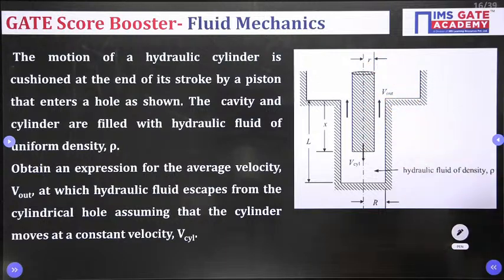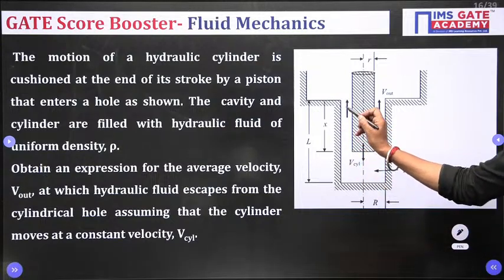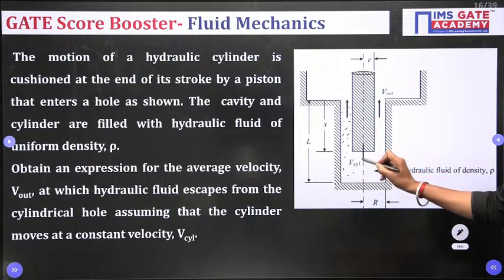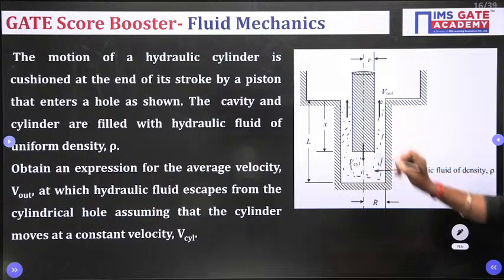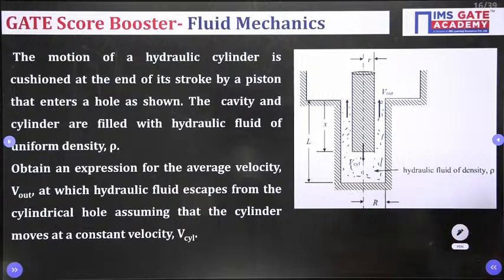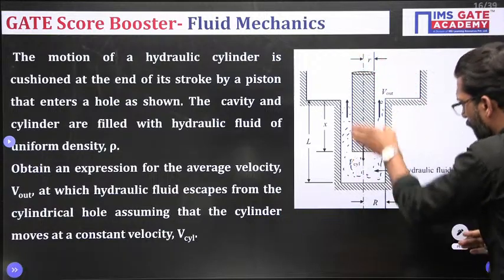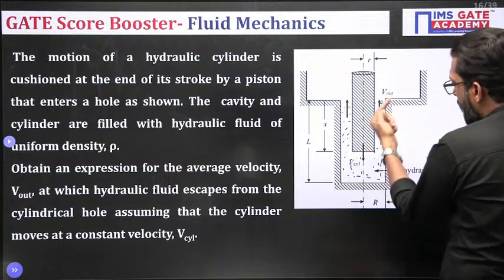The cavity and the cylinder are filled with hydraulic fluid of uniform density rho. So there is a fluid filled in this gap. Obtain an expression for the average velocity V out, that means squeezing. If the cylinder goes in, the fluid will flow through the annular space.